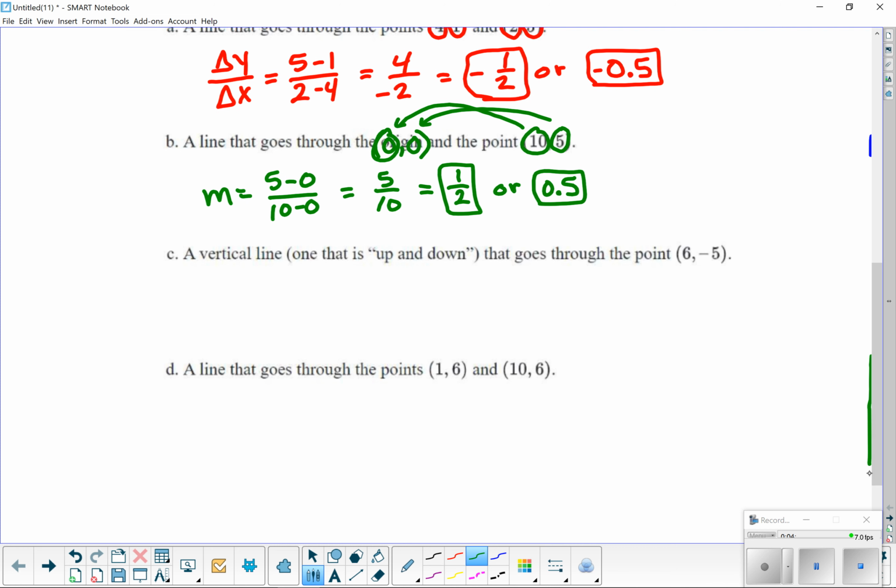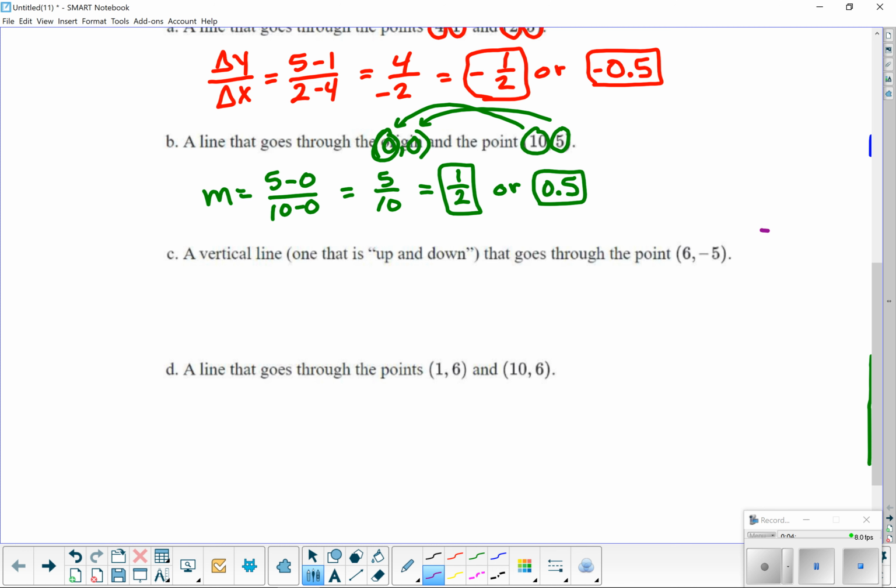Vertical line, that is one that is up and down and goes through the point 6, negative 5. Just so you know, when you think about vertical lines, the x's are the same and the y's are different.